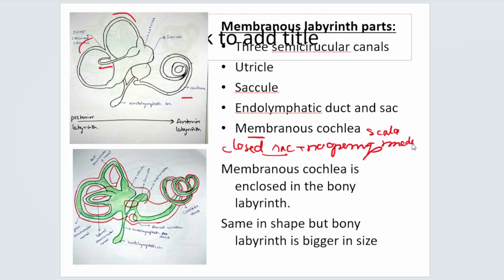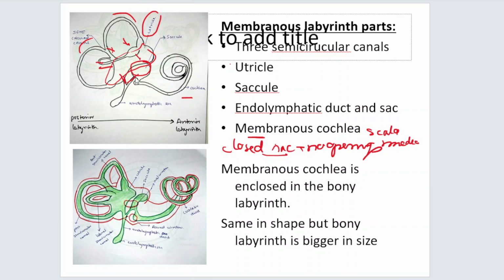In addition, you have three parts. The part where all three semicircular canals open into is the utricle. The utricle is connected to the saccule by the utriculosaccular duct.